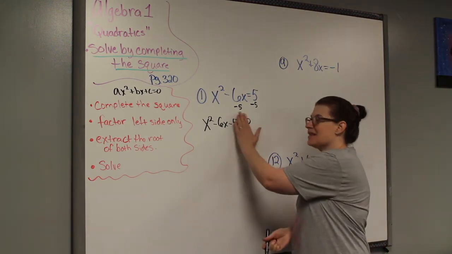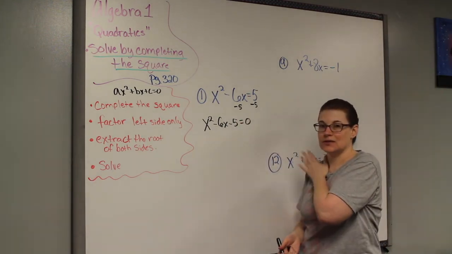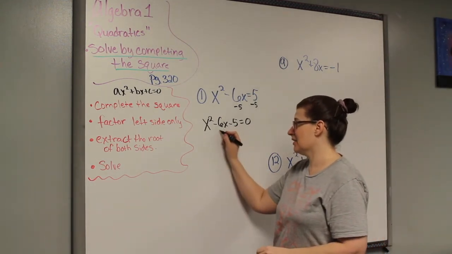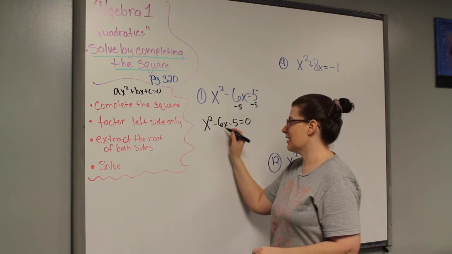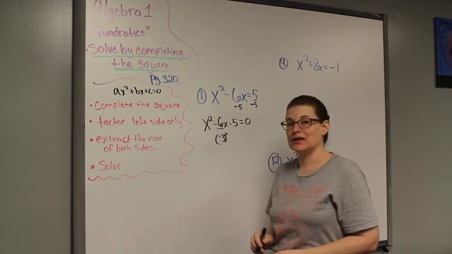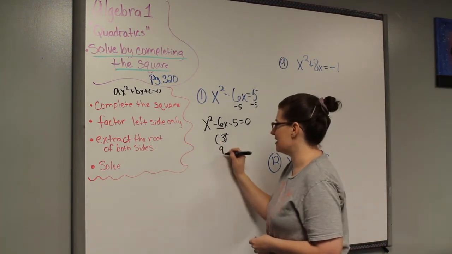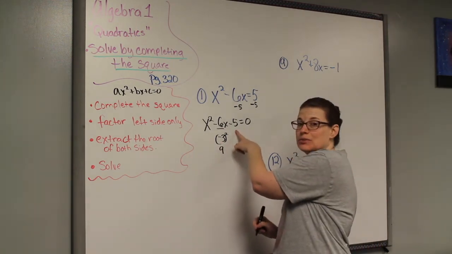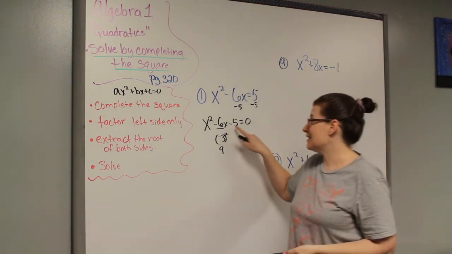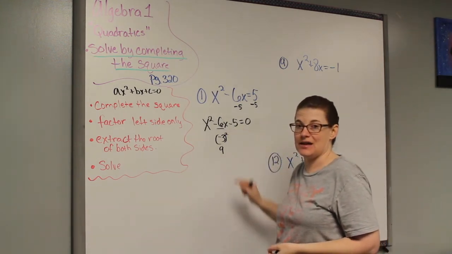Now, forget about this number for a minute because we don't need it to complete the square, because we need to take half of what's in front of x, which would be negative 3, and we need to square it. Negative 3 squared is a positive 9. That's what this number should be, positive 9. However, it isn't. So what do I need to add to this to make that a positive 9?